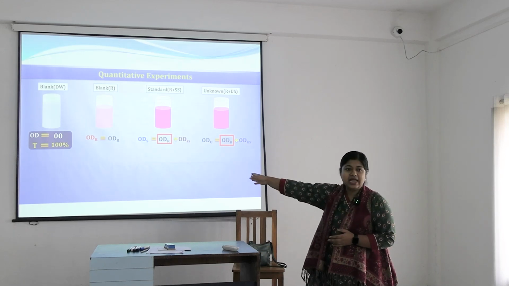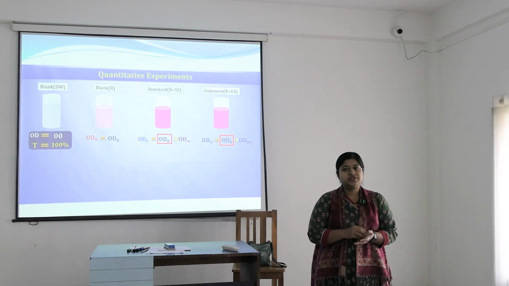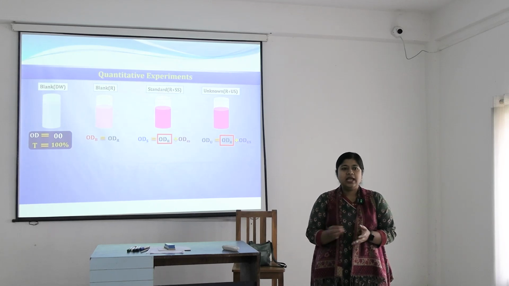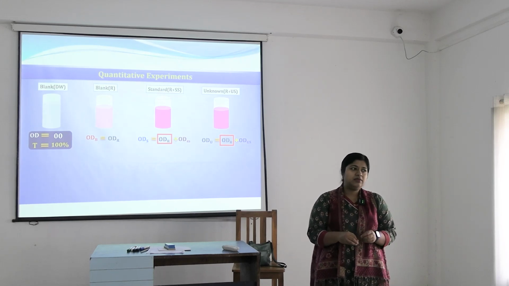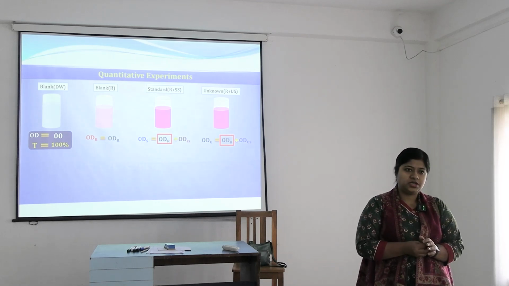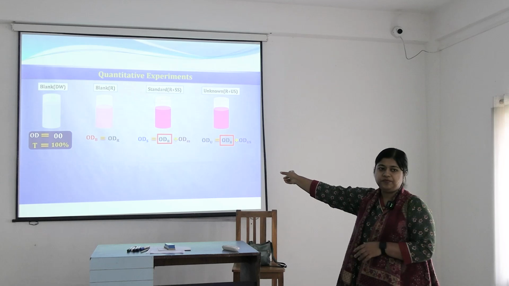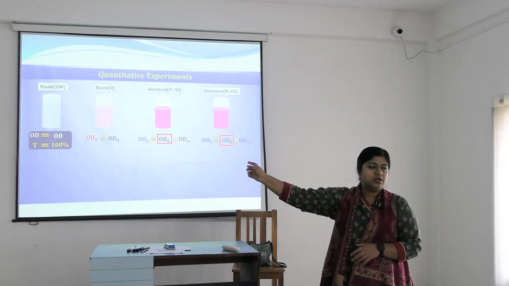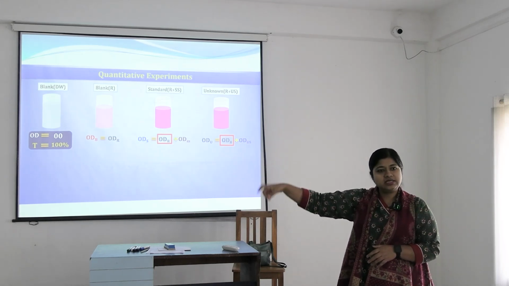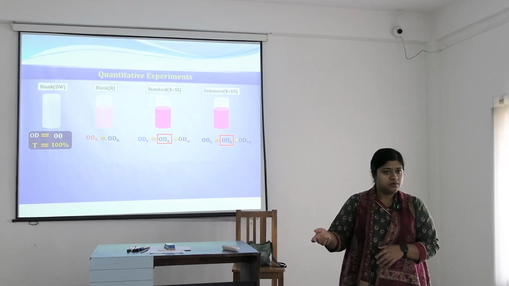Now see, in the standard solution, we know the concentration of the analyte, and we are doing the reaction with a known concentration solution. In this solution the reagent is also there and the sample is there, right?